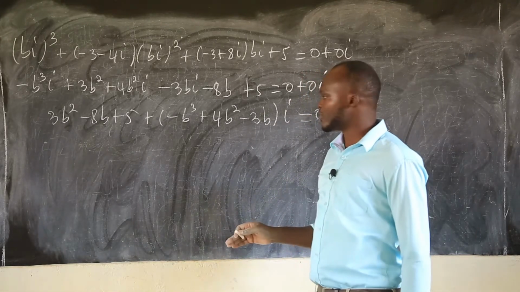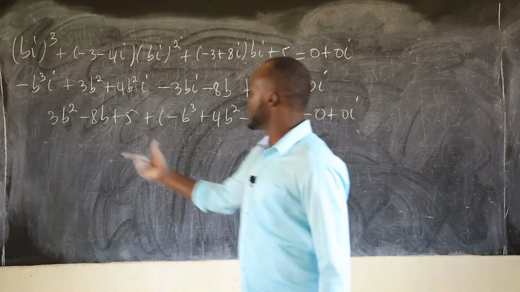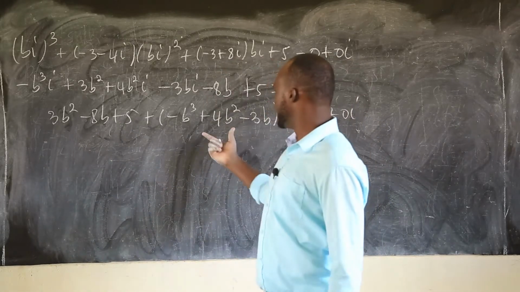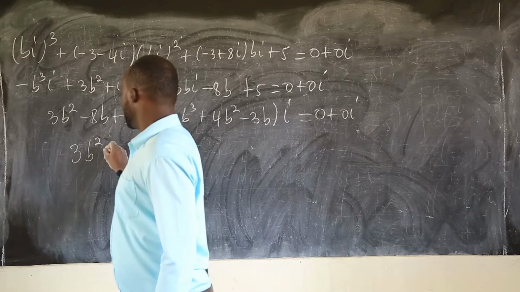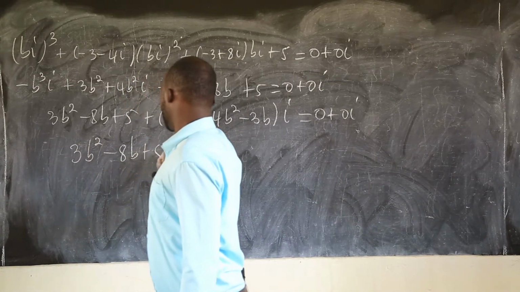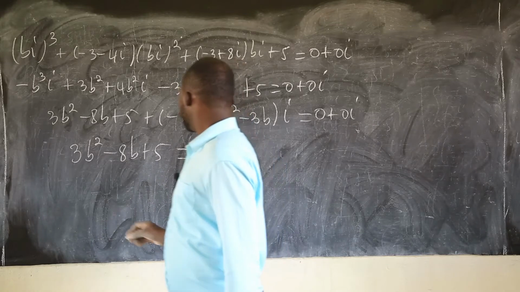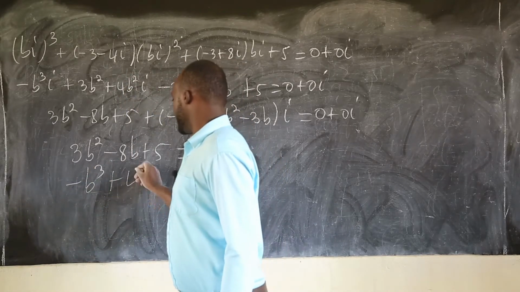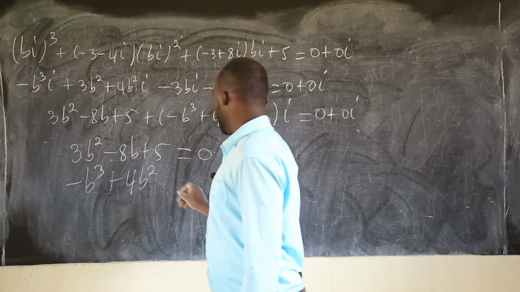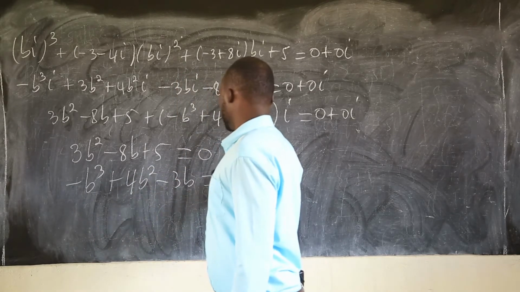Here we use equality of complex numbers: the real part will be equal to the real part, and the imaginary part will be equal to the imaginary part. So 3b squared minus 8b plus 5 equal to 0, and negative b^3 plus 4b squared minus 3b will be equal to 0.